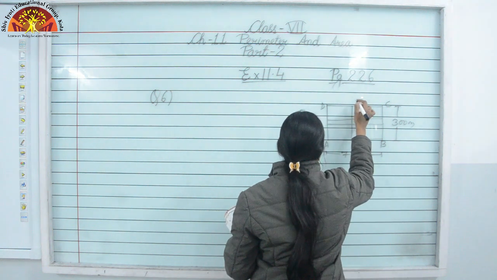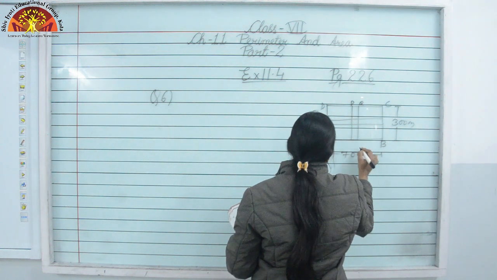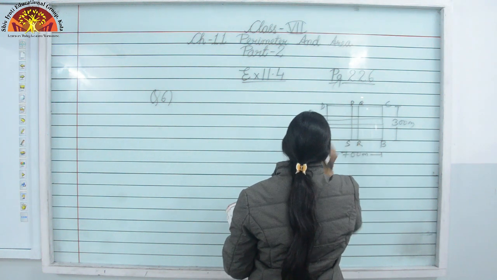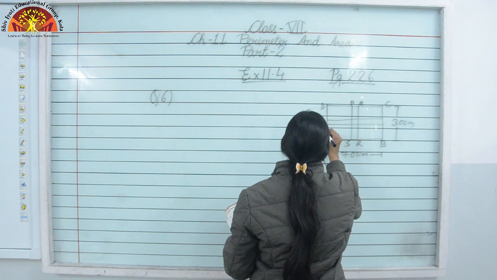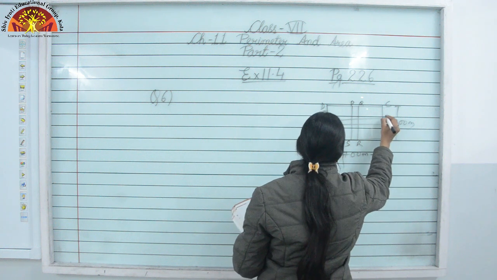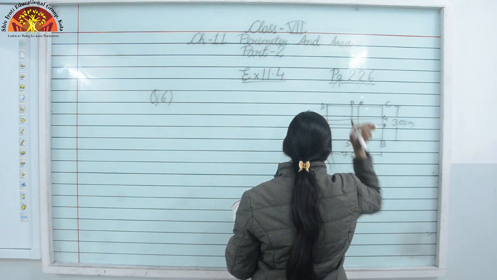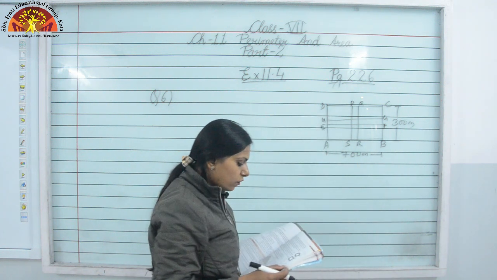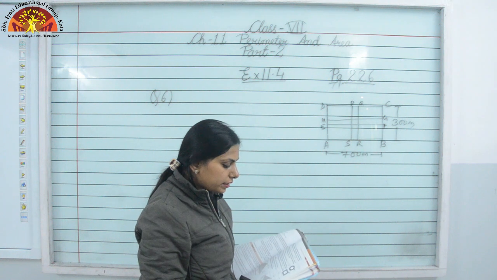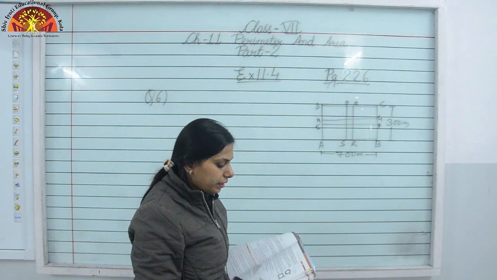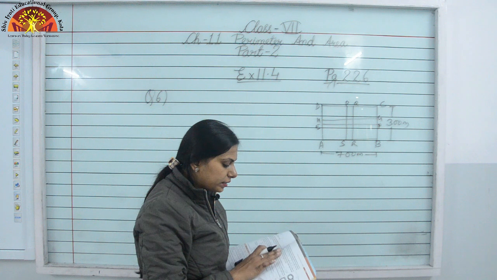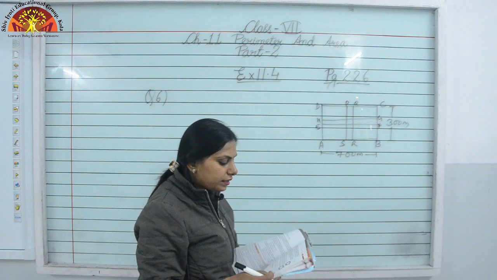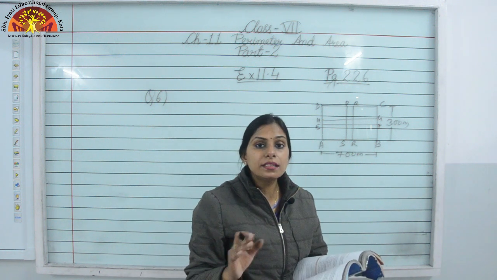So just name these roads as P, Q, R, S, and this is E, F, G, H. Now what you have to do, you have to find the area of the roads and find the area of the park excluding the crossroads.